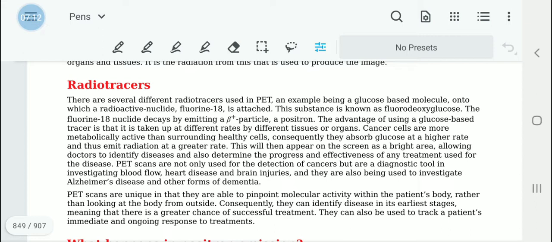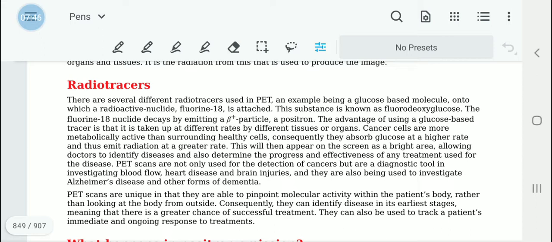Leave a line and write. Many different radio tracers are used, usually attached to a glucose based molecule. For example, radioactive nuclide fluorine 18 could be attached to this.